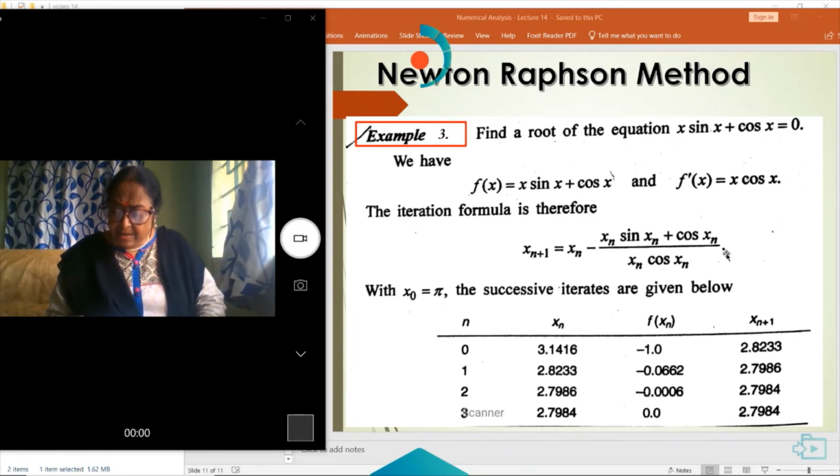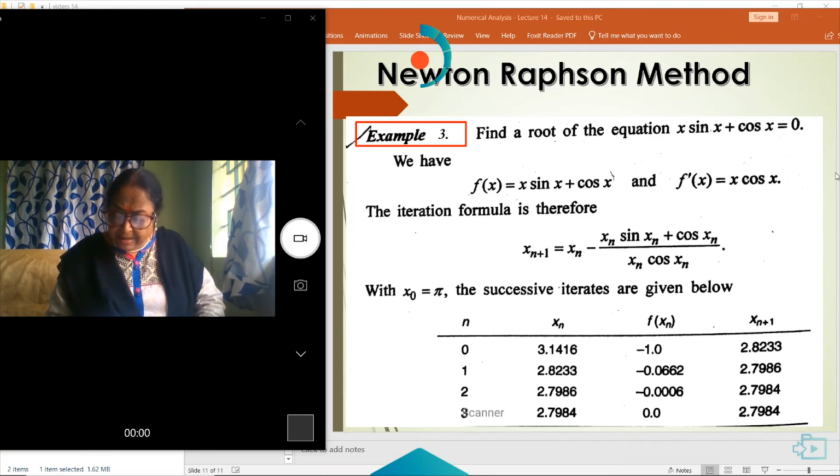First, xn is obtained when we put n equal to 0, and it gives 3.1416, and fx0 is minus 1.0. Similarly, the value of xn plus 1 is 2.8223.